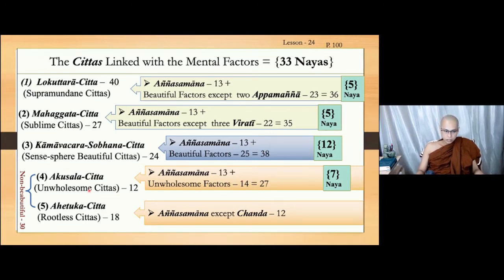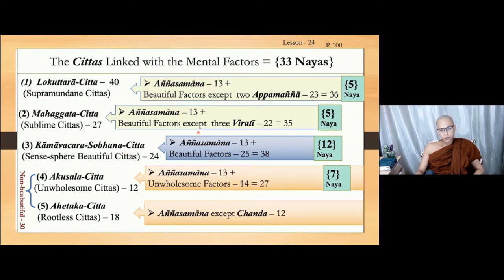We count in that way. We find the ultimate reality of mental factors when we get the group of consciousness. That is the understanding of the Sampayoga Naya and Sangaha Naya.